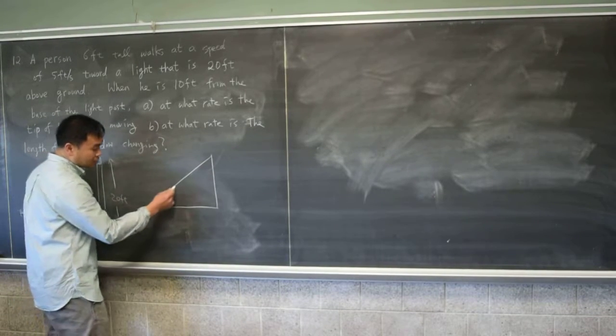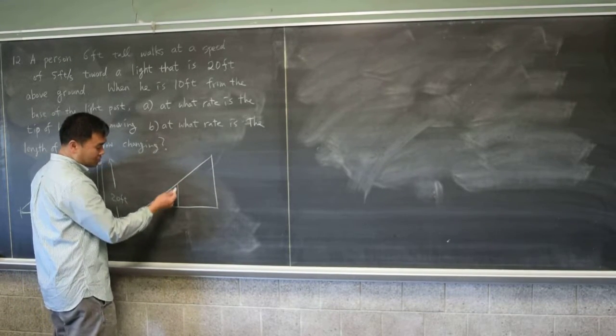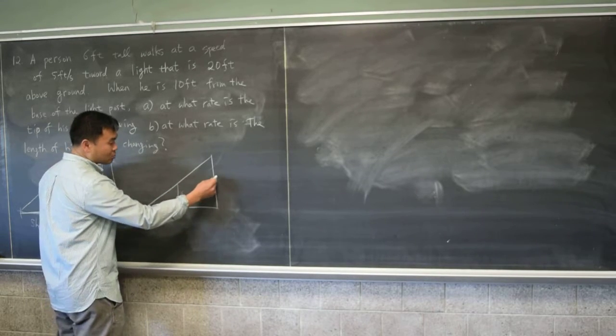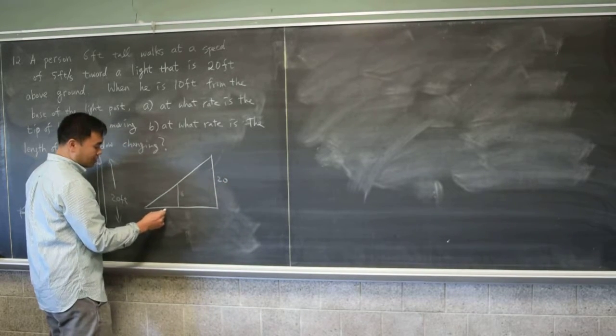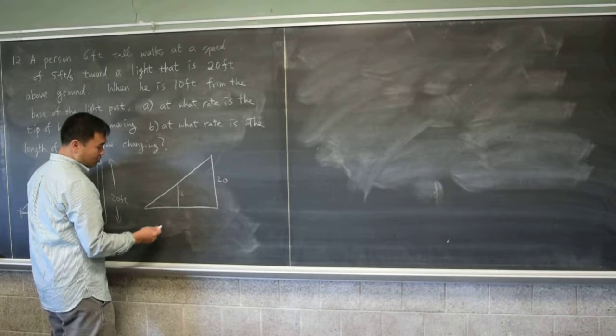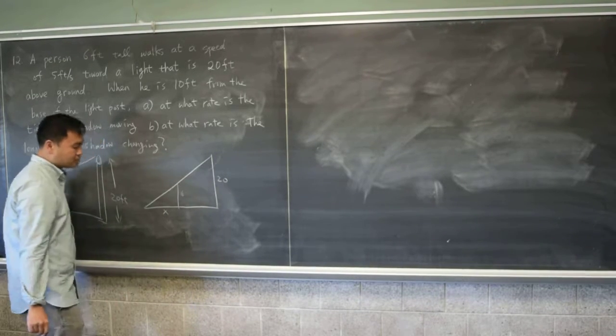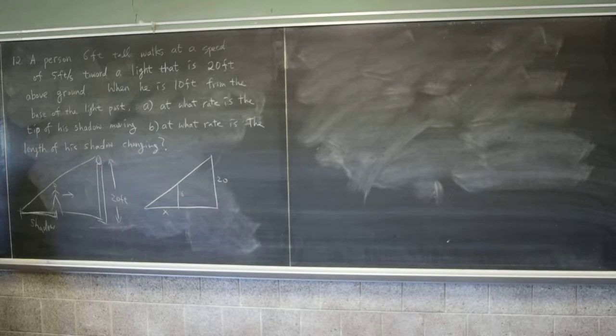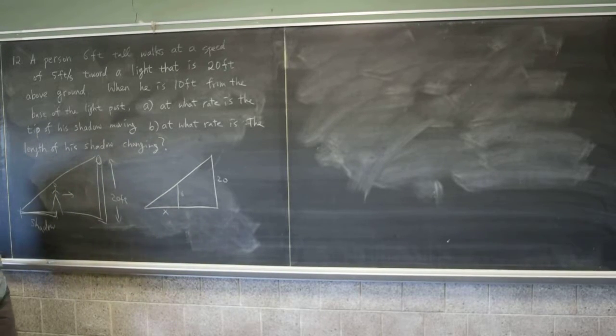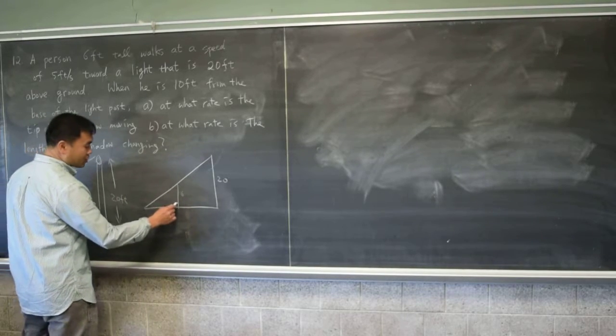So here's the man, which is 6, this is 20, and this is the shadow, so we want this to be x. So that's the simplified one, where these are both right triangles.